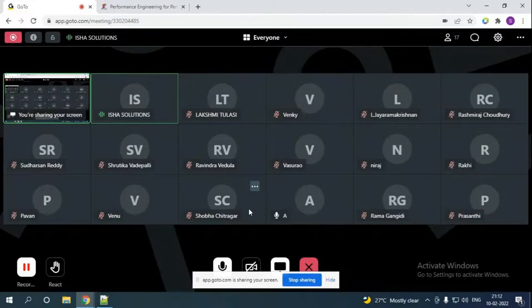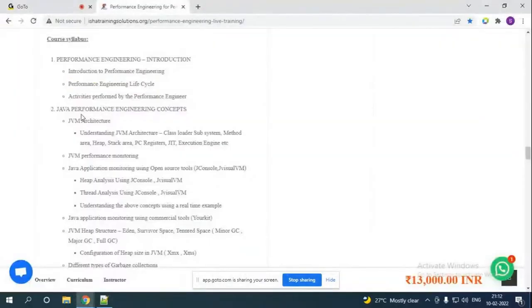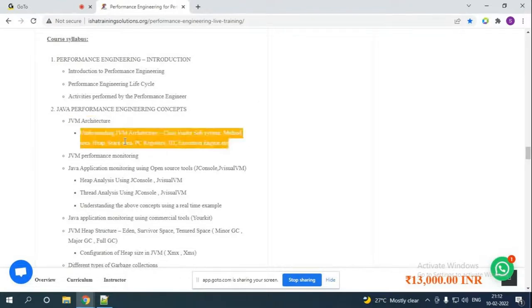So, performance engineering on the Java concepts. On the Java concepts, the first and fundamental thing we are going to learn is JVM architecture, Java Virtual Machine architecture. I am going to give a detailed explanation of the architecture: what is class loader, what is method area, heap area, stack area.